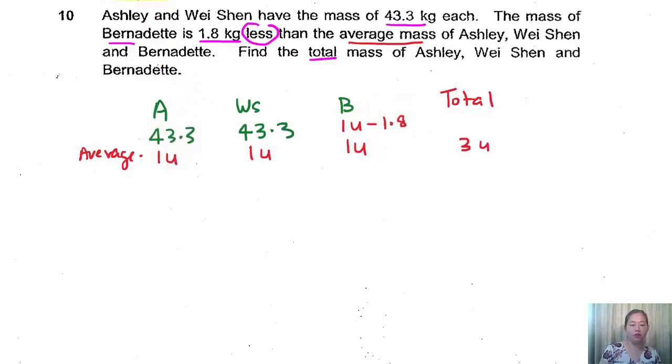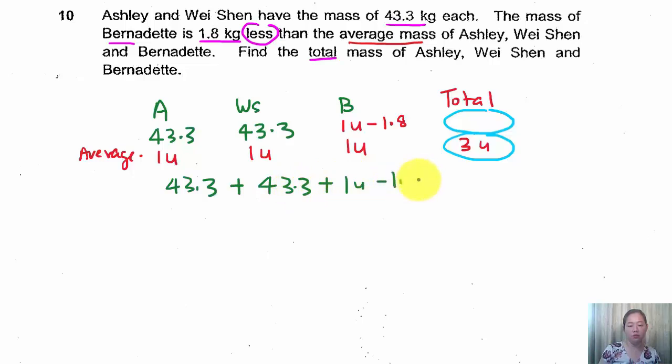Since this is the total of the three persons, and this is also the total of the three persons, it means that the value that we get from here and here is the same. Good. So what will happen now is we have to add these three together: 43.3 plus 43.3 plus 1U minus 1.8 is equal to 3 units.